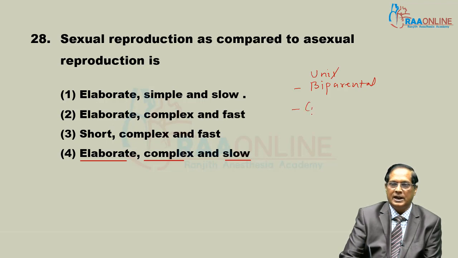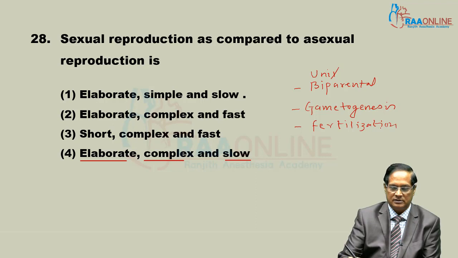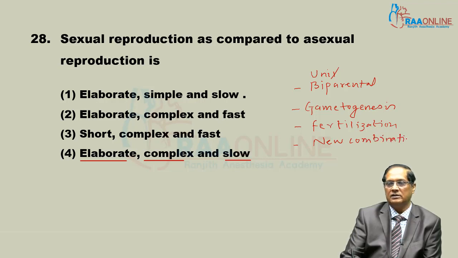Second, gametogenesis takes place during sexual reproduction, because gametic fusion is involved, so they require gametes. Production of gametes is gametogenesis, followed by fertilization. Then in sexual reproduction new combinations are obtained, which are not seen in asexual reproduction.